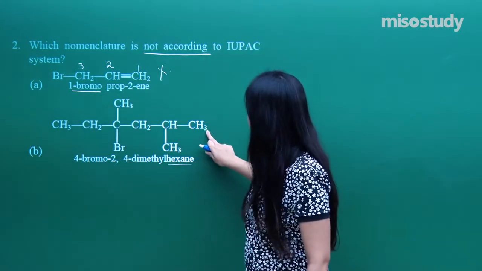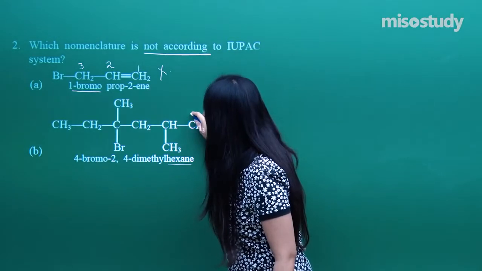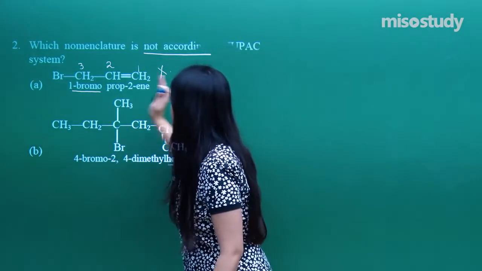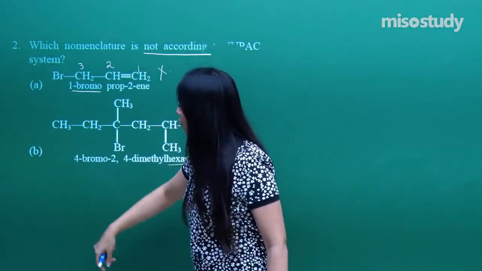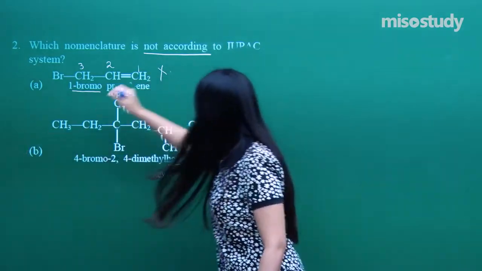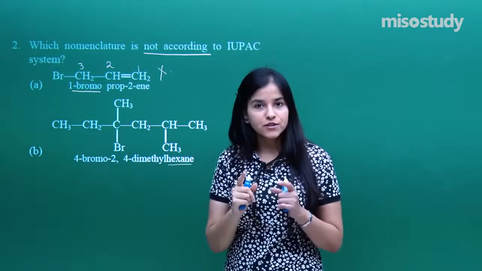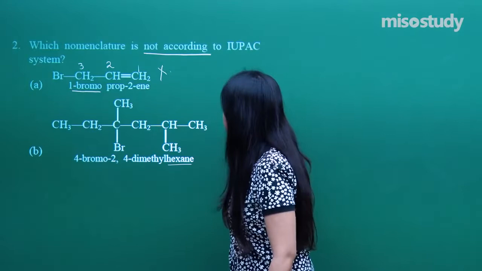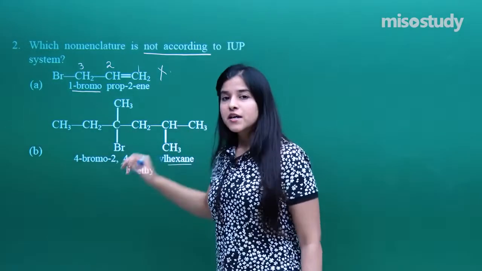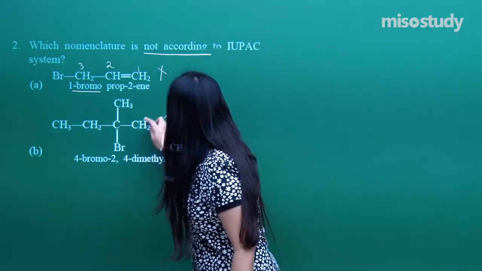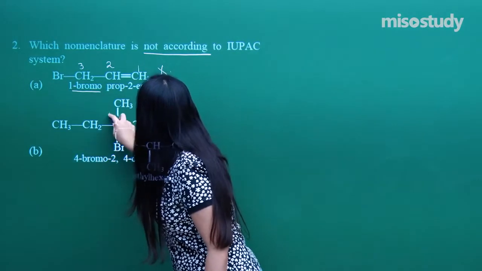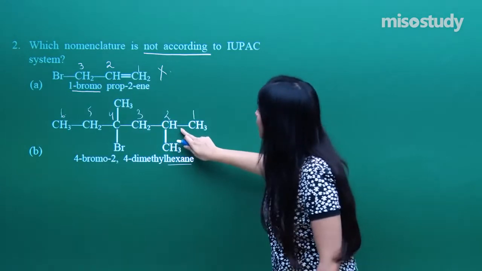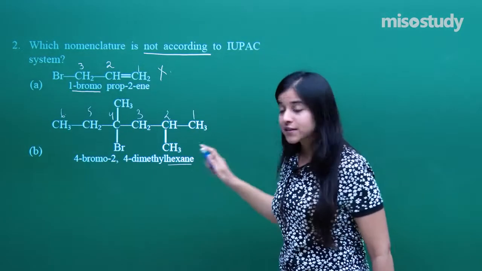And what do I have next? Either I am going to number it from the right to the left, or I am going to number from the left to the right. So what is the correct option over here? I need to number it from right to left. Why? Because as I number from right to left, 3, 4, 5, 6, there will be the lowest possible numbers given to the substituents over here.